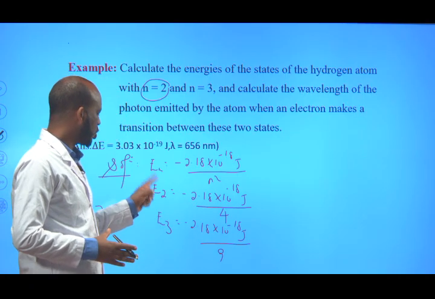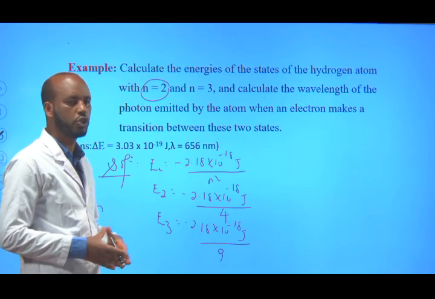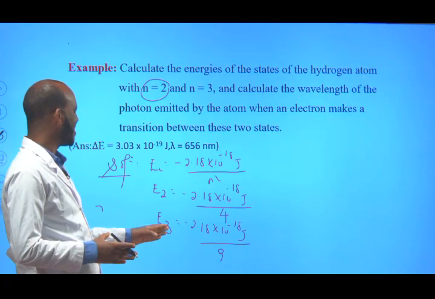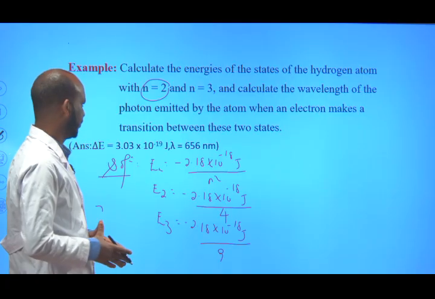This is the energy of an electron in the second orbit, and this is the energy of an electron in the third orbit.